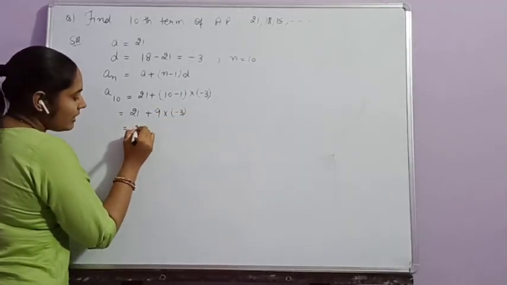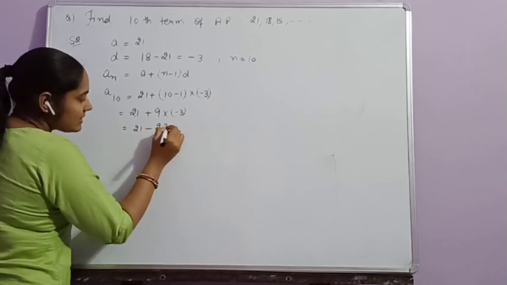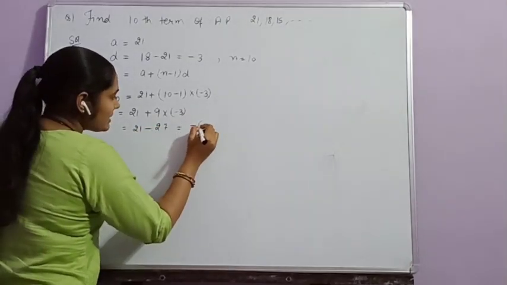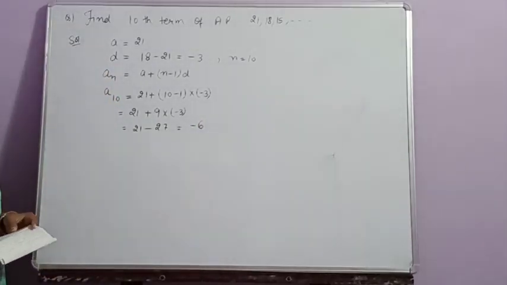That is 21 minus 27, which is equal to minus 6. It means the 10th term of the given AP will be minus 6.